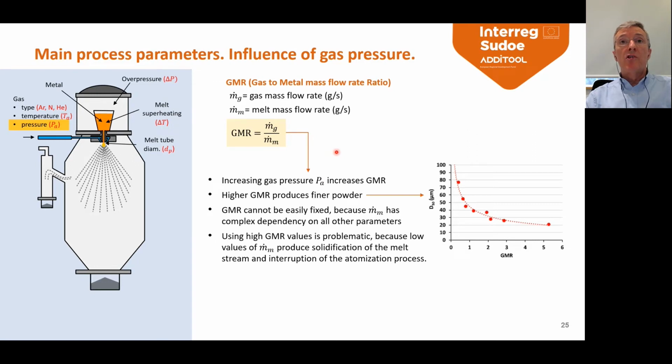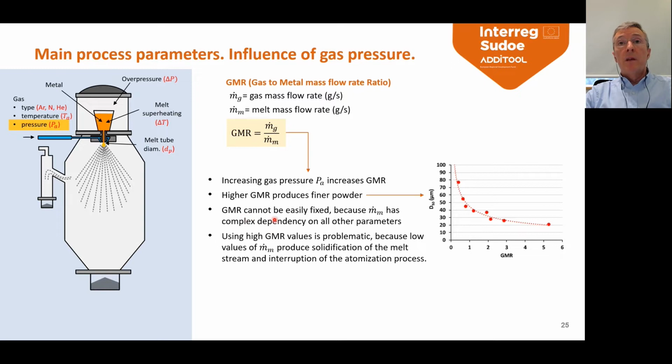And this is how it changes. Increasing the gas pressure increases GMR, and higher GMR produces finer powder. This is the golden rule of atomization. Higher GMR produces finer powder. This plot shows very clearly how as you increase GMR, D50, which is the median particle size, goes down.